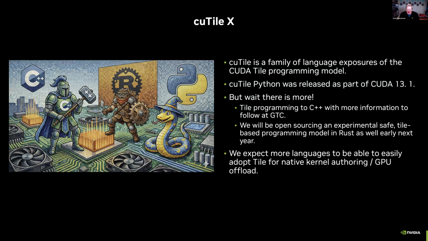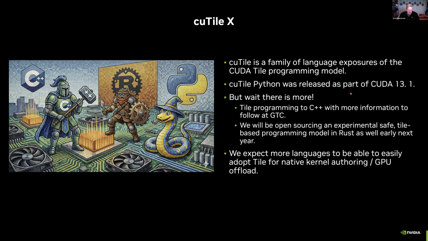So I mentioned that there's going to be a broader language ecosystem of support for Qtile. And so, really this is a set of languages that we're going to expose this with. So Qtile is out now for Python, and it's released as part of CUDA 13.1. But there are more languages to come.